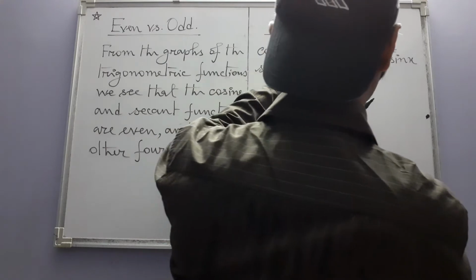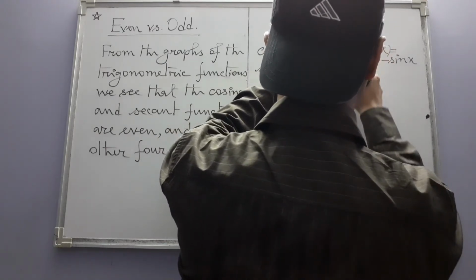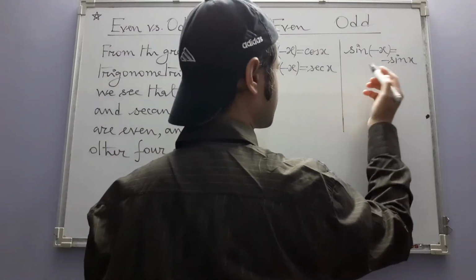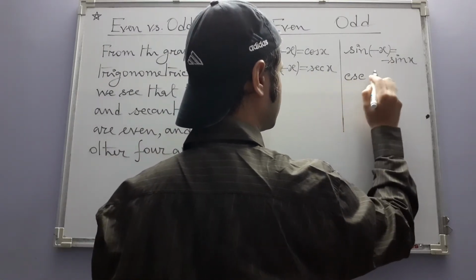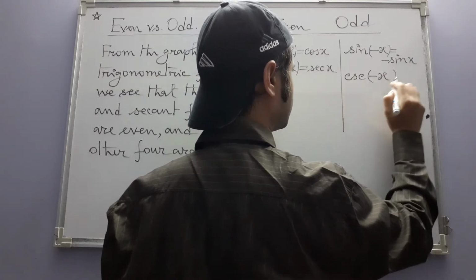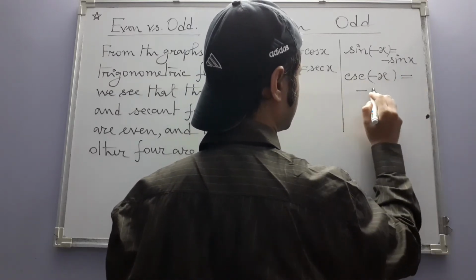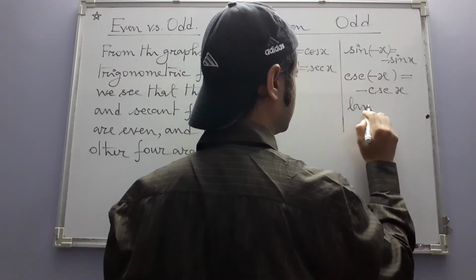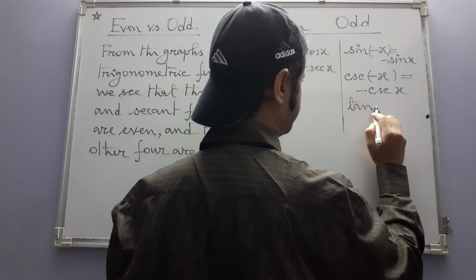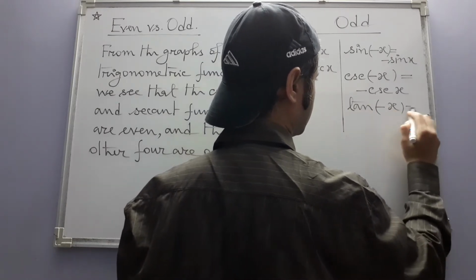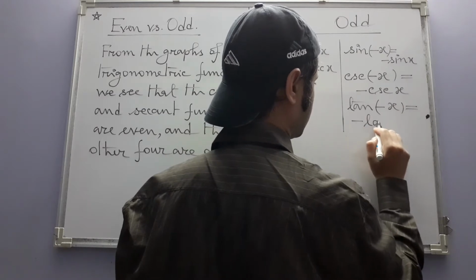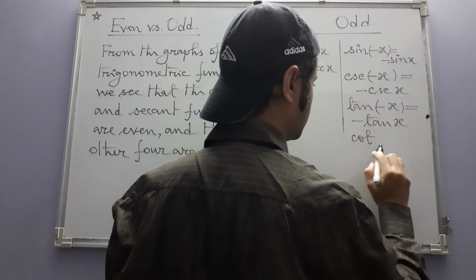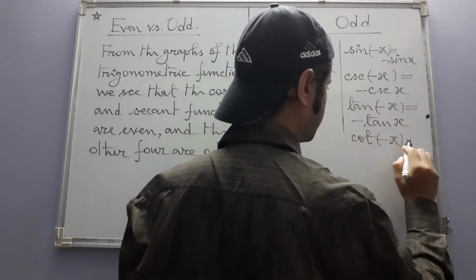I can, to distinguish things, put one vertical bar here also. And its reciprocal, cosecant, is also odd. Then tangent is also odd. And finally, cotangent is also odd.